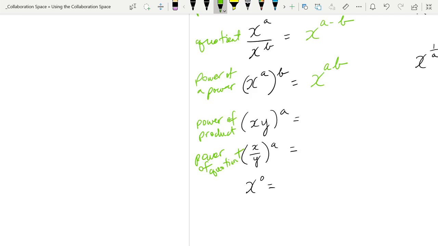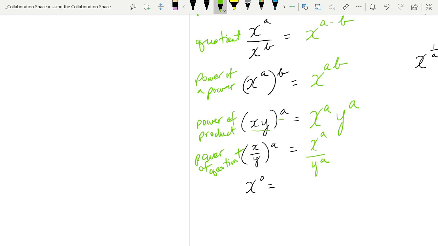And if you remember how these work, what can I do here? If I'm taking a product, that means numbers times together, to an exponent, what can I do? I can distribute the exponent. Right? And same thing with a quotient. If I'm dividing two things and that's all to one power, I can distribute the exponent. Power of a product, power of a quotient.